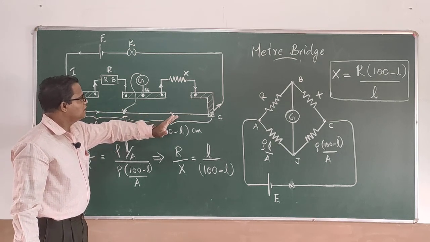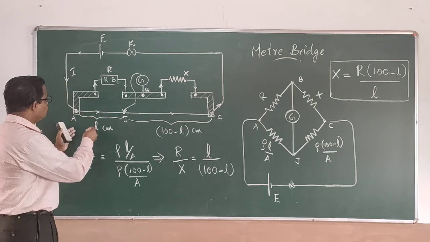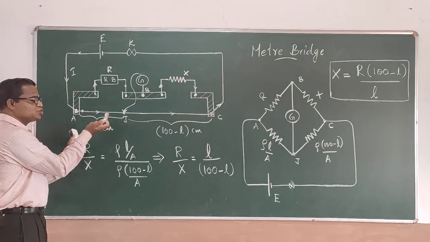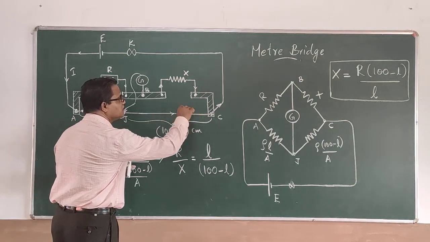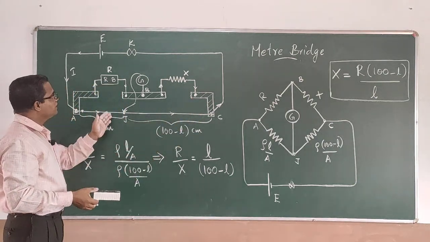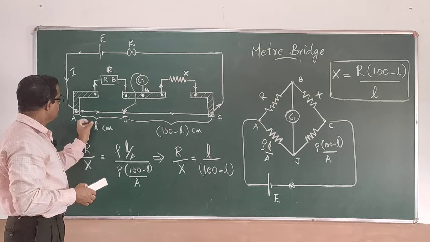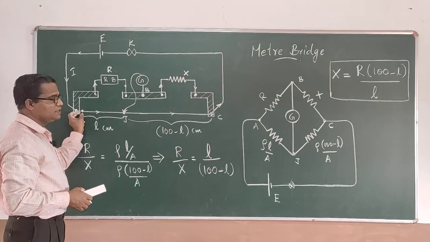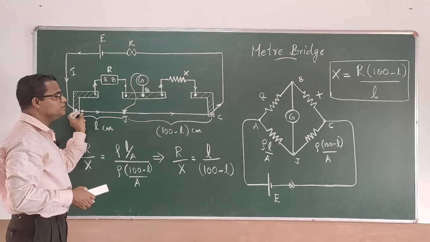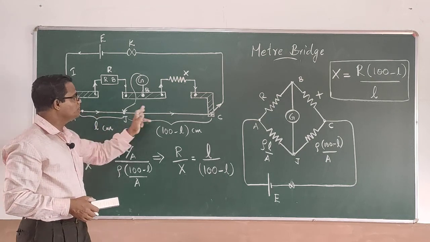If anyone asks why, when you put the jockey here, the deflection goes on one side and when you press the jockey here, the deflection goes to the other side, you can get it from the flow of current. Okay? When close to this, the potential drop across this one will be very small, here it will be very large.